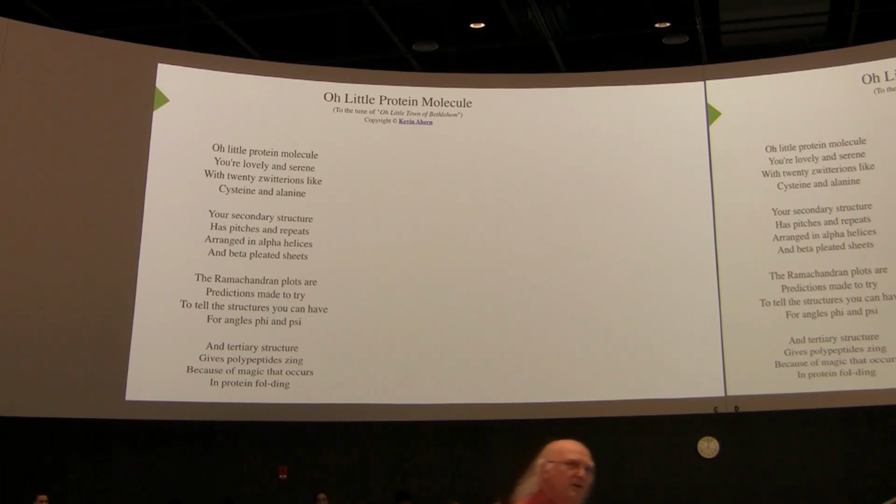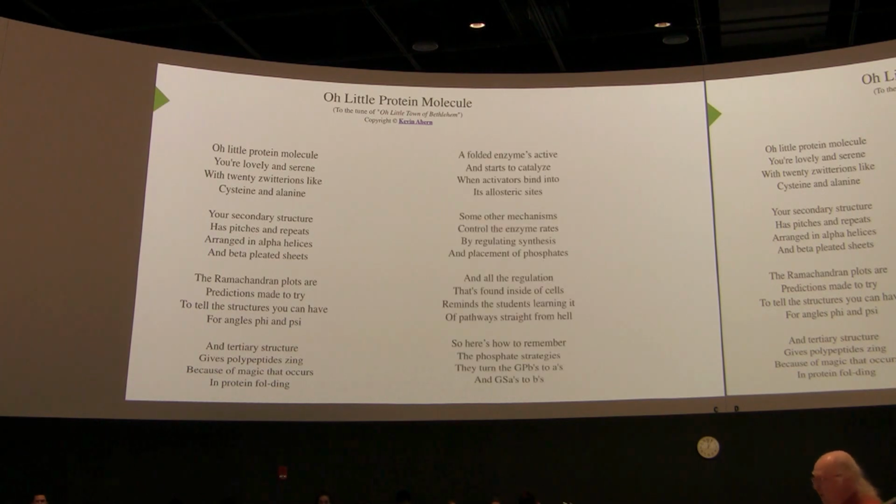The Ramachandran plots are predictions made to try to tell the structures you can have for angles phi and psi. And tertiary structure gives polypeptide zinc.